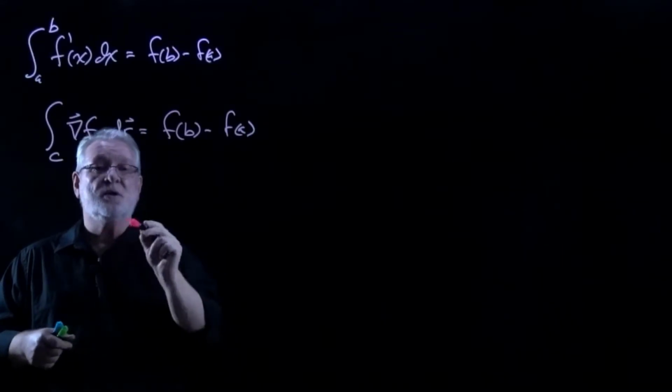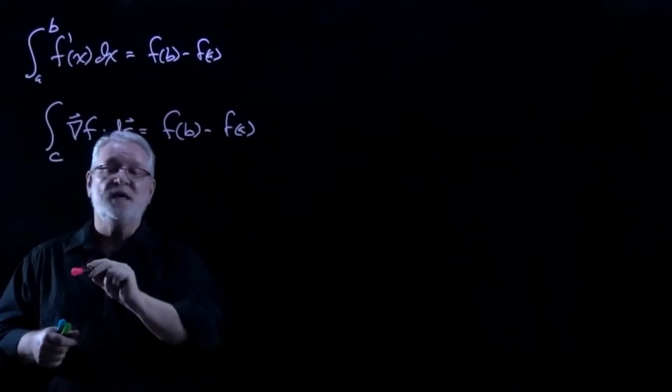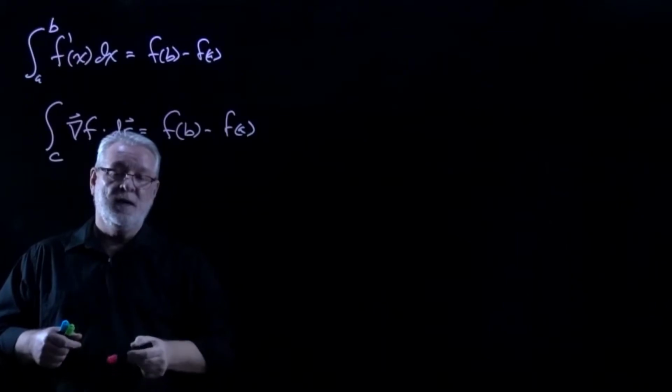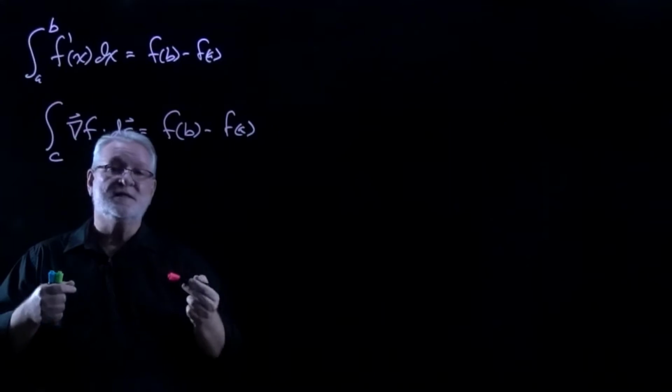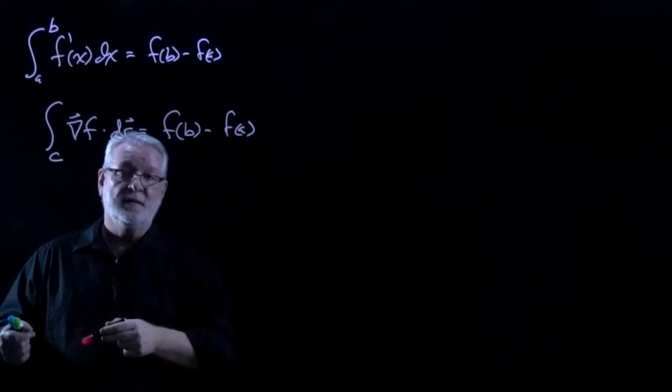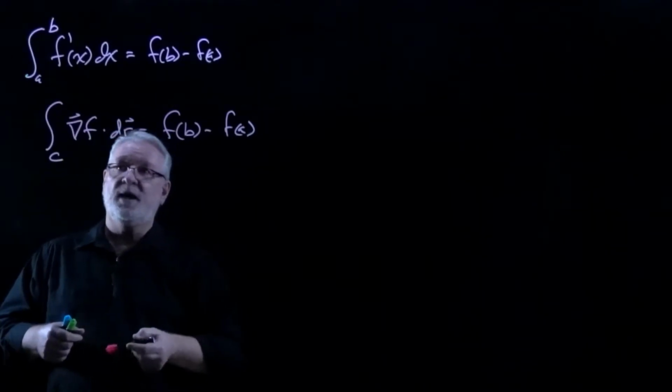We can instead just look at the endpoints of the path and treat it as if this function moves in any path between a and b, basically assuming that the value of the integral will be the same regardless of path. That is a really powerful statement, but it comes with a couple of caveats.